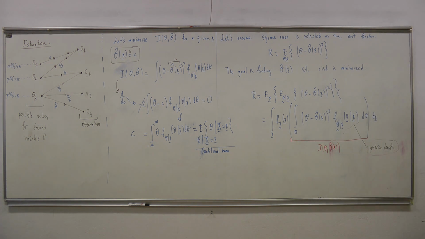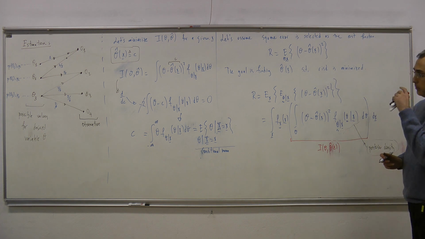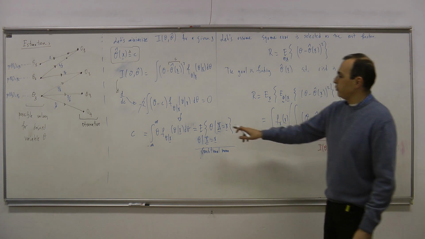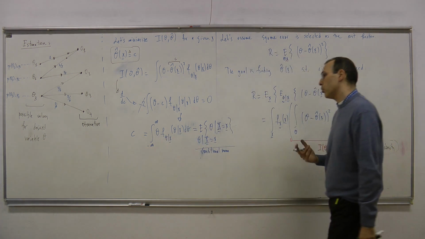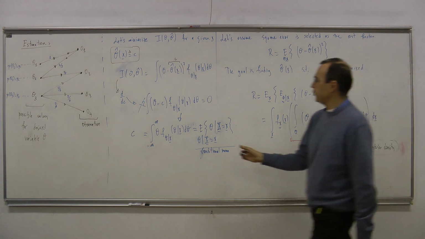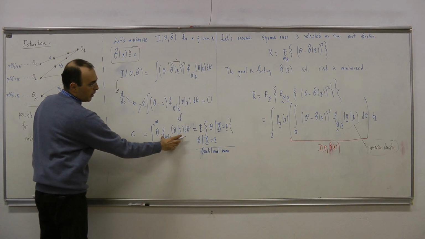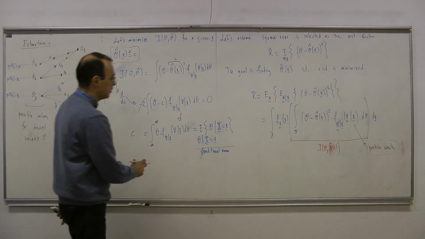Well, that is it. So what we see is that the conditional mean of the theta random variable. What do I mean by that? I calculate this posterior density, which is this, and then I evaluate its mean value. That is it. That becomes my estimate.